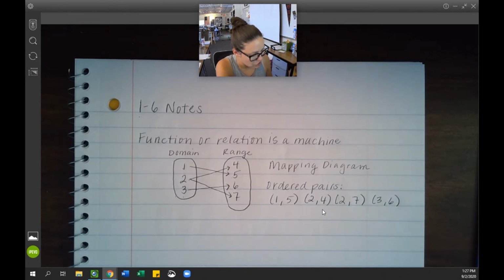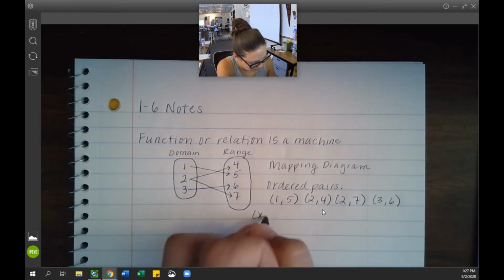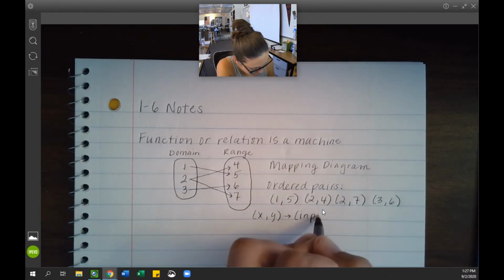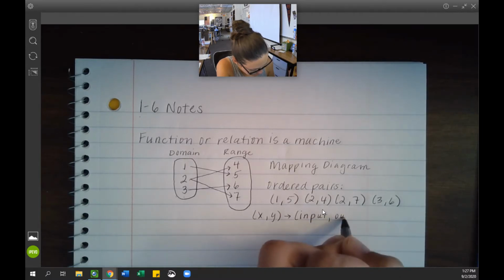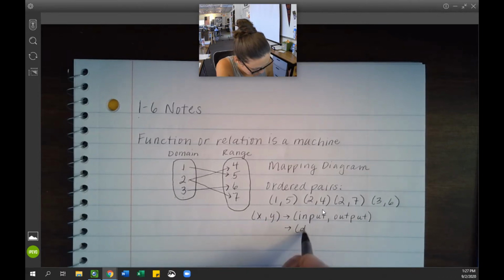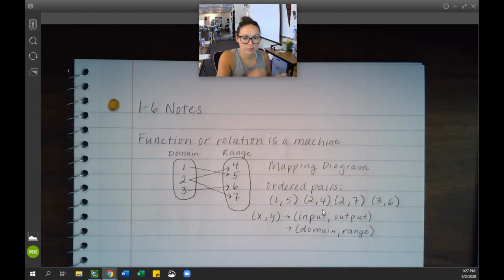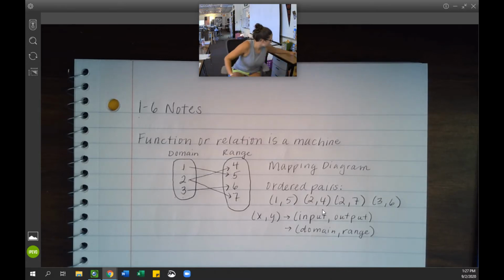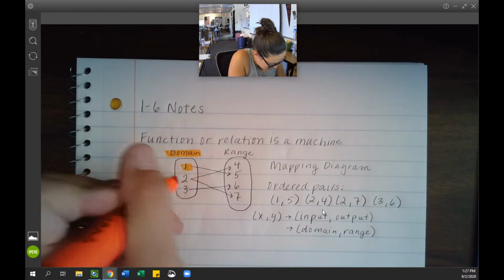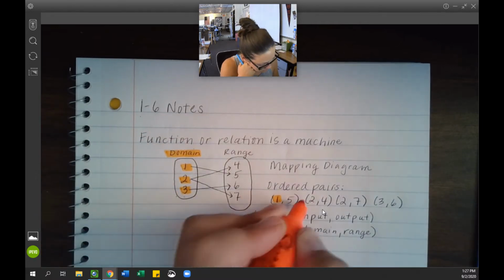Okay, so in general, we have our X and Y pairs, or our input and output, or our domain and range. And these words are going to keep coming up again and again. Now, let me use some colors here. Everything in orange is all related.